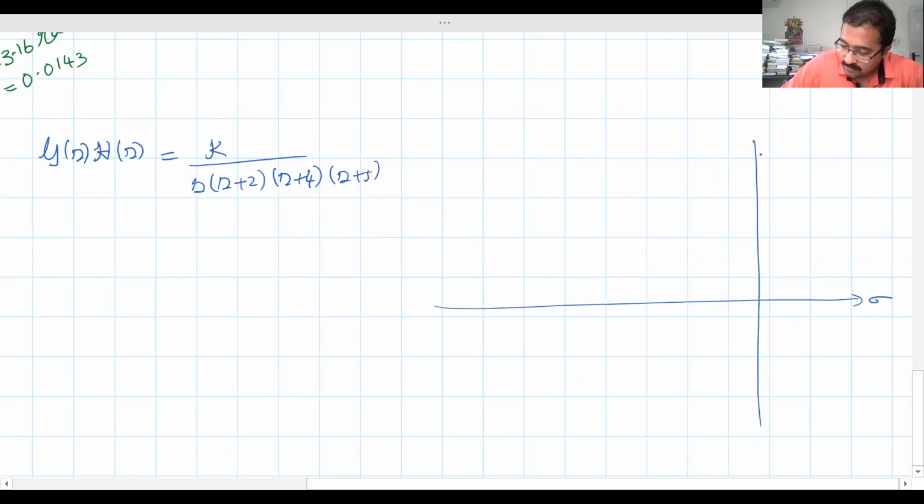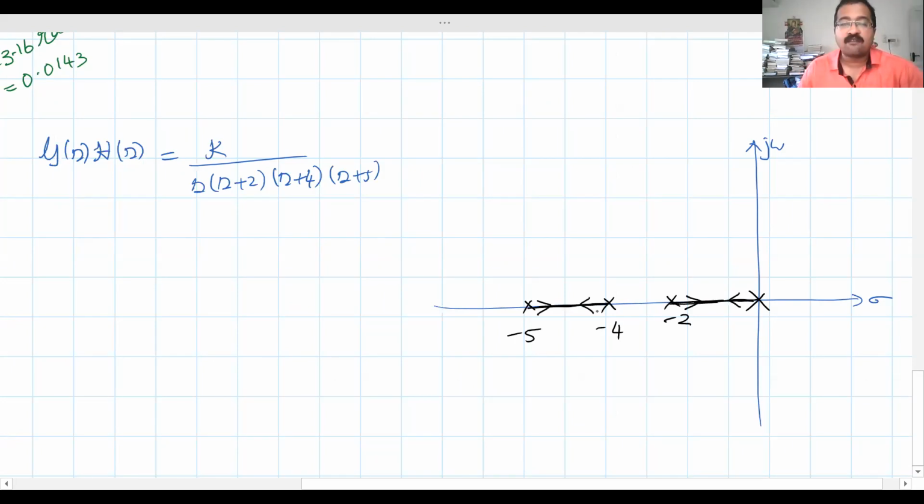The poles are at 0, minus 2, minus 4, minus 5. Our root locus on the real axis, this will be a part of the root locus. One starts from here, one starts from here. The interval between minus 2 and minus 4 will not be on the root locus. Again, the interval between minus 4 and minus 5 will be on the root locus.